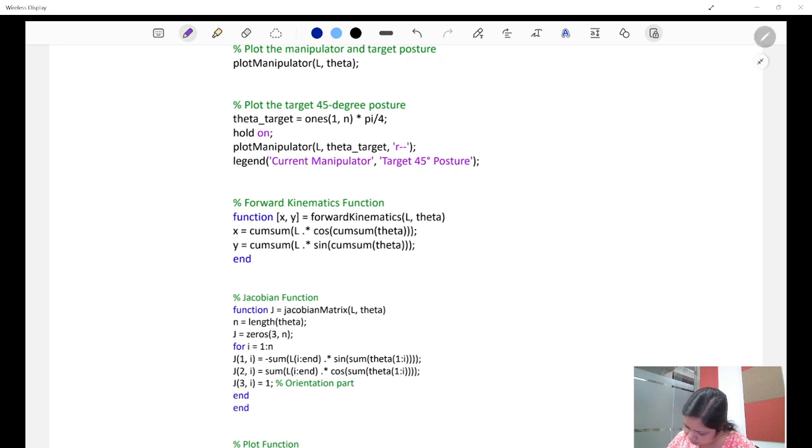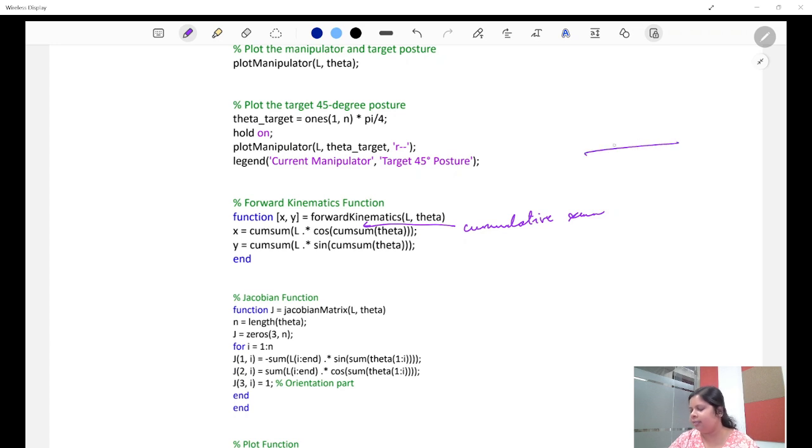So what it actually does is this: you understand this, right? L times cos, and this is basically a cumulative sum. It is the cumulative sum of angles to get the total rotation of each link.